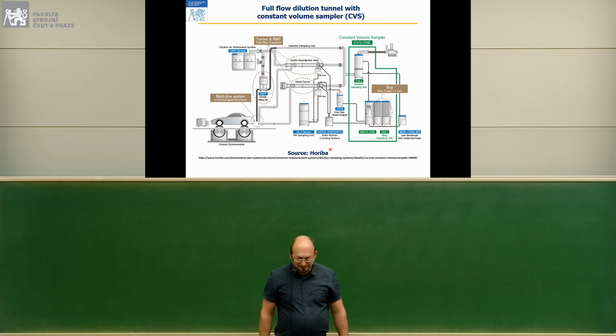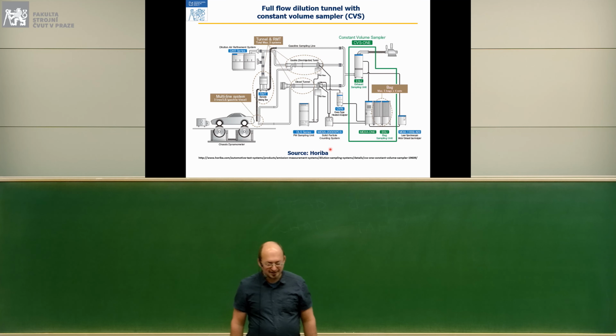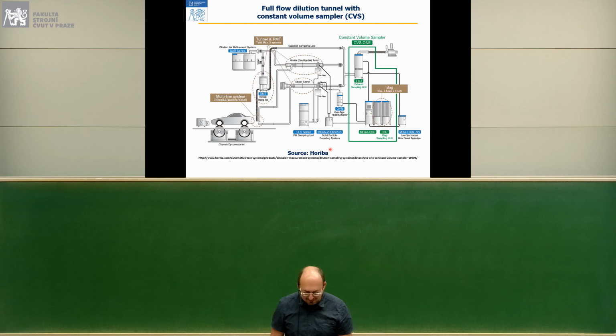This is how the system looks in reality. This is from Horiba. It's my favorite manufacturer of emission measurement systems because the systems are very reliable. You get a chassis dynamometer, and then you have different tunnels for gasoline and for diesel. So you get exhaust through an insulated or sometimes heated transfer line, dilution air.